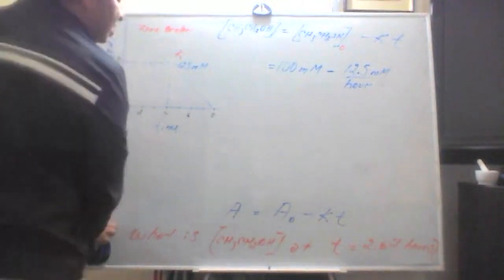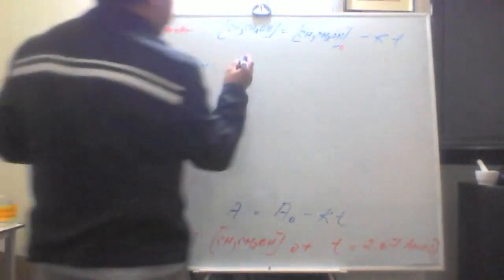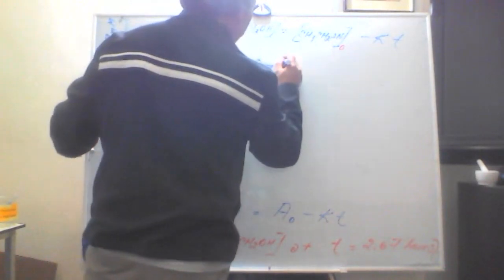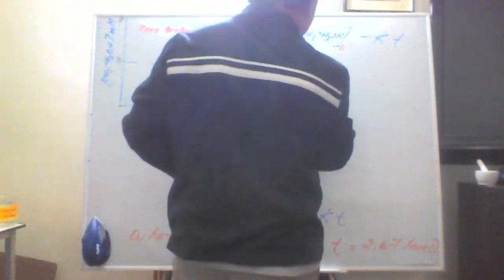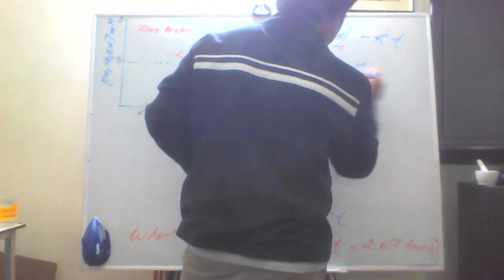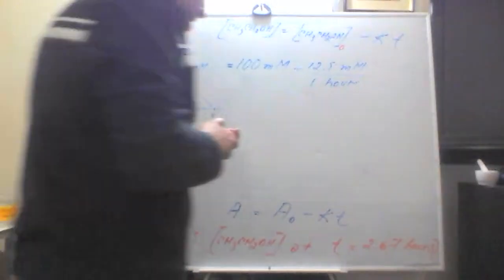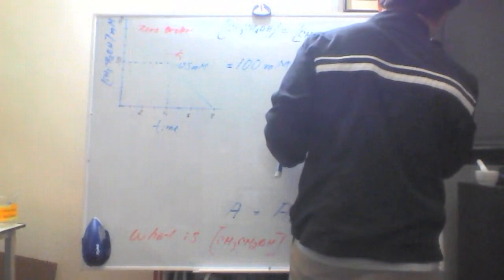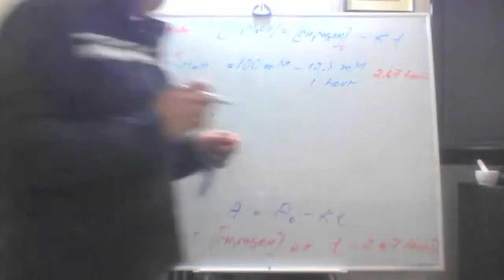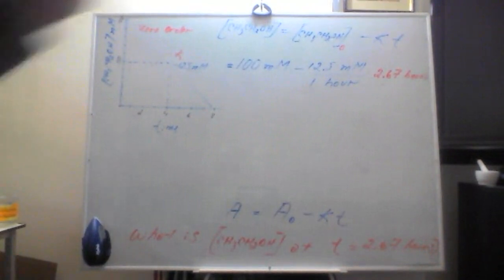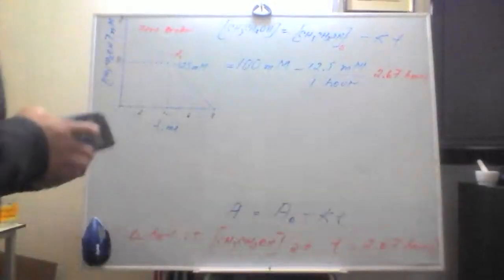Let me write this in a way that gives more room. That's equal to the concentration at time 0, which is 100 millimolar, minus kt, which is 12.5 millimolar for every 1 hour, times t. And then time t is 2.67 hours. And you can see clearly that according to the dimensional analysis method, those hours cancel, and then your answer will be in millimolar.